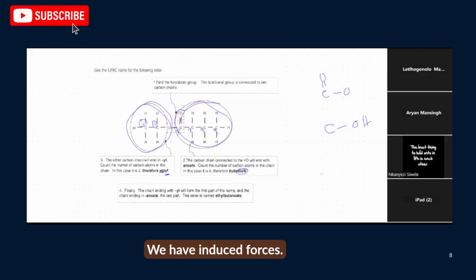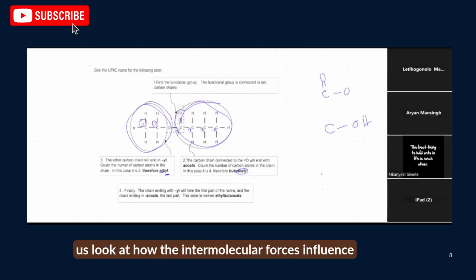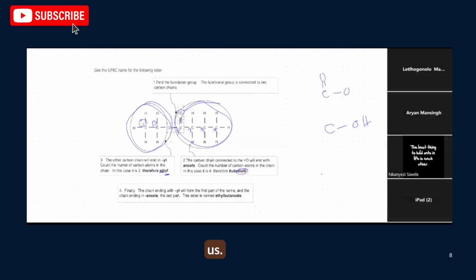We have induced dipole forces. We have the London dispersion forces, right? The dipole forces, London dispersion forces, and the hydrogen bonds. Those are the 3. So depending on your molecule, we will then say whether or not it would have a high boiling point or a high vapor pressure. So let us look at how the intermolecular forces influence this.